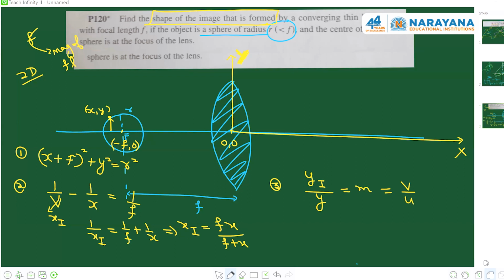Remember, x, image x, y, image y: these are the 4 parameters I'm dealing with. So u in this equation was actually x, and v there came out to be x of image. So I'm getting that y image is y by x times x image.